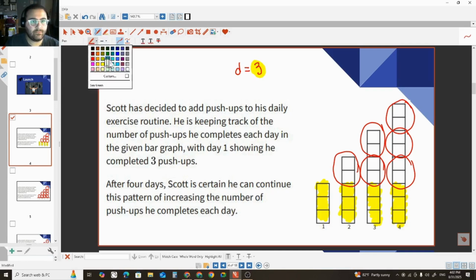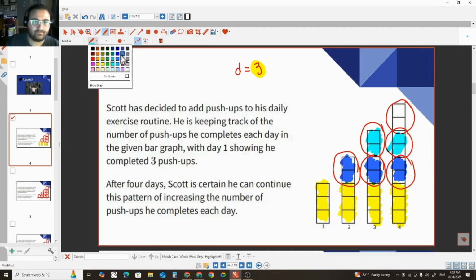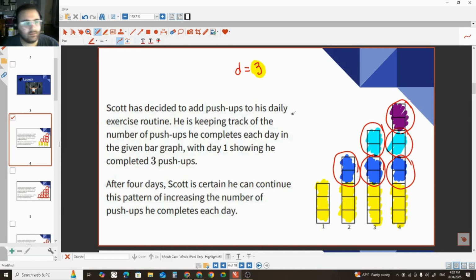And then let's say I want to highlight, let's go to highlighter. Let's do this in blue. We have this group of 2. Let's do this group of 2. And then I'm just going to pick purple for my last group. So we have these different groups of 2 essentially.